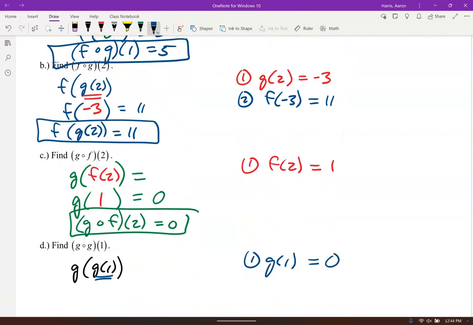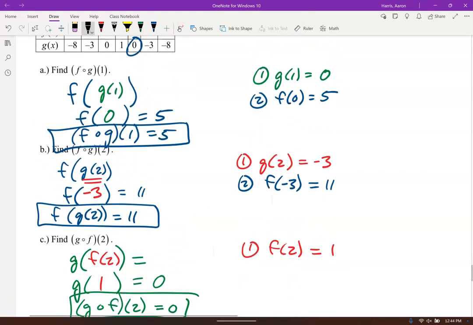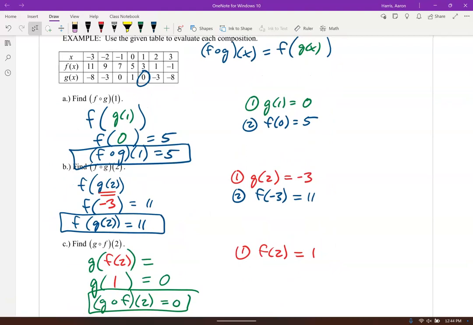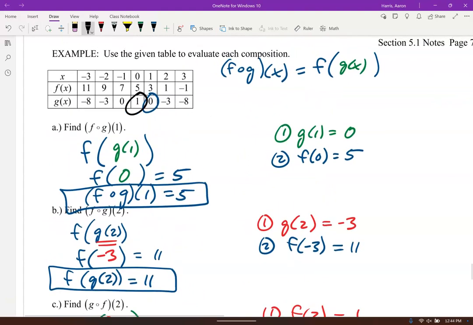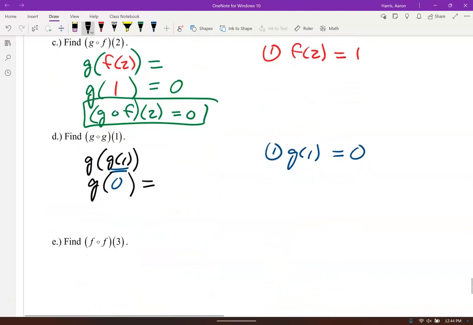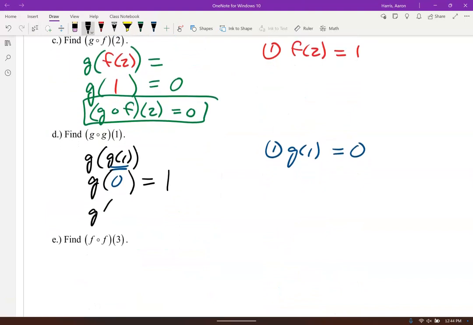So now g of 0 is, going back up, 1. In other words, g of g of 1 is 1.